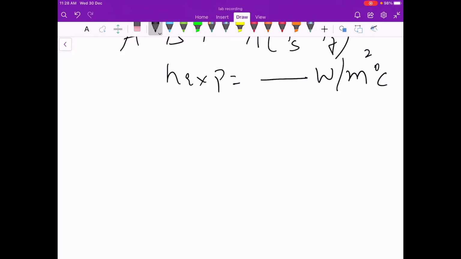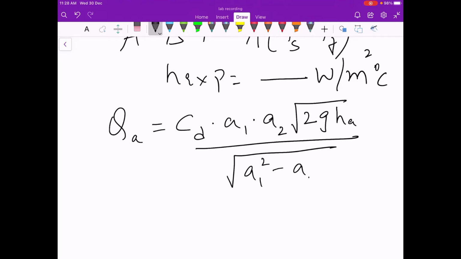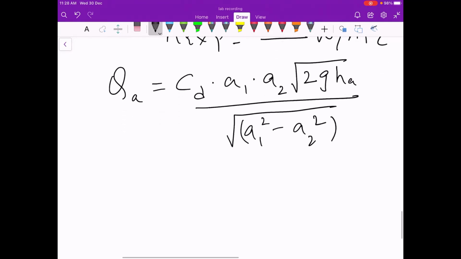Through the orifice meter you will be calculating the head, and by using the relation Qa equal to Cd into A1 into A2 into square root of 2 times g into ha divided by square root of A1 square minus A2 square, you can calculate the discharge. Based on that, you can calculate the velocity of the air, correct?